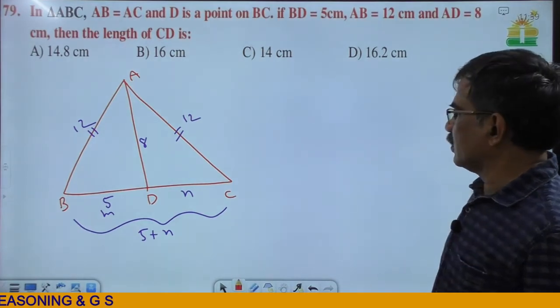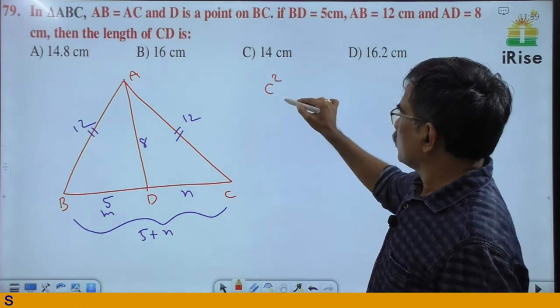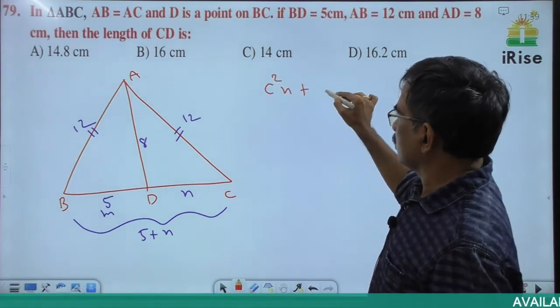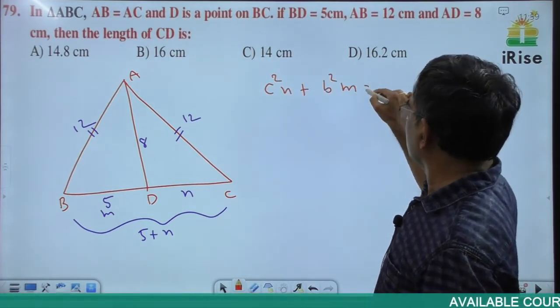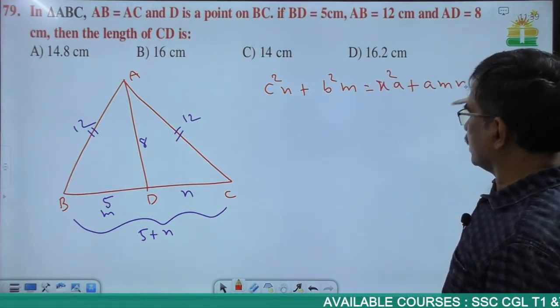So I want to apply this formula: c square into n plus b square into m is equal to x square into a plus amn.